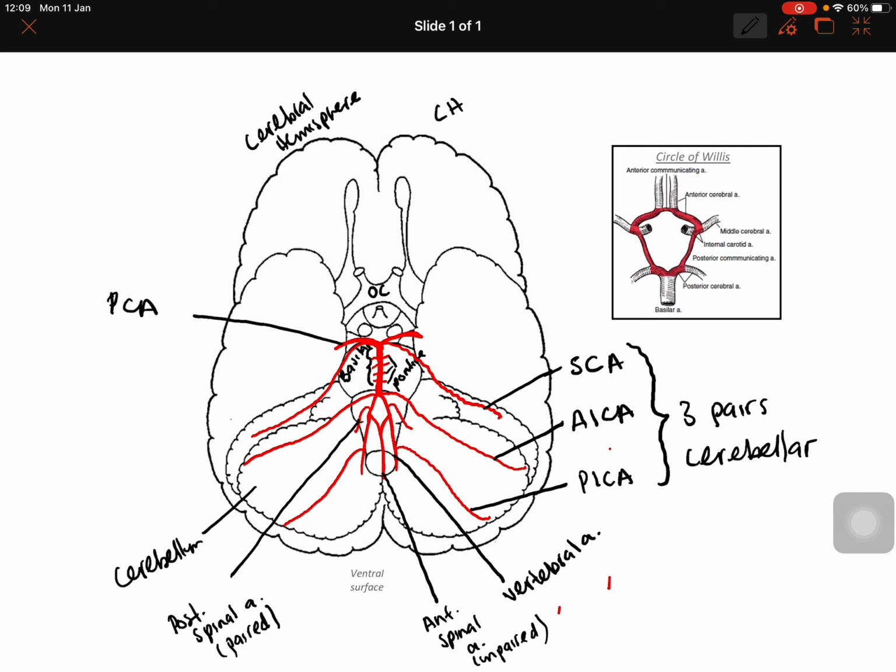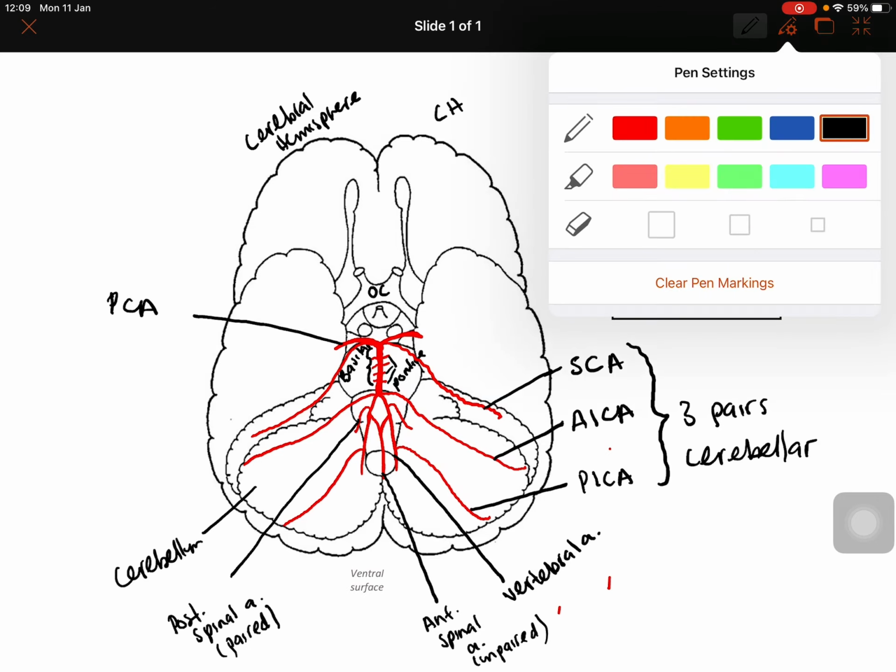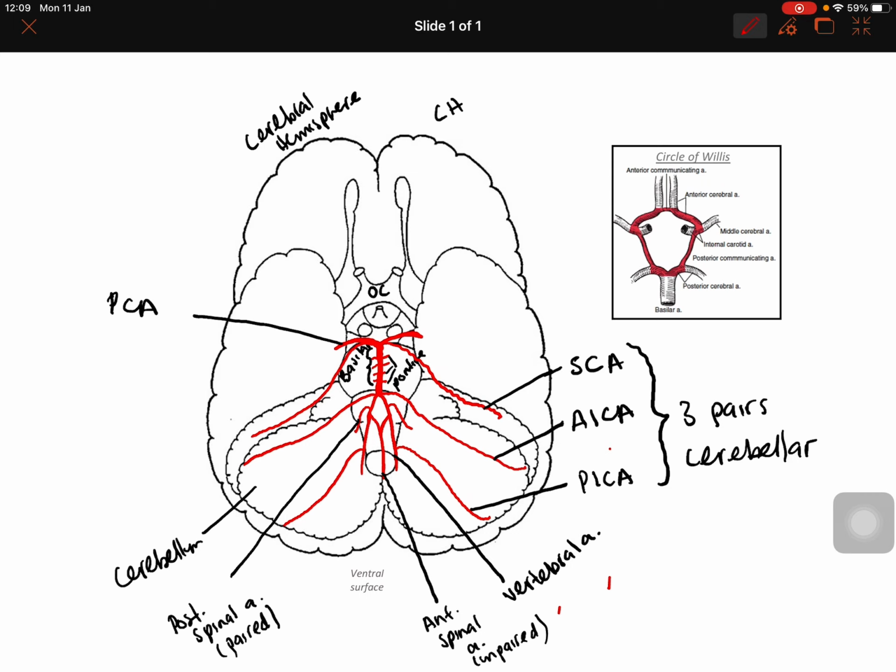These go on to supply posterior aspects of the cerebrum, so the occipital lobes, as well as the inferior and medial aspects of the temporal lobe. We've arrived at the end of the vertebrobasilar system, and we can now draw the vessels coming from the internal carotid arteries. Remember, the internal carotids arise on either side of the optic chiasm.